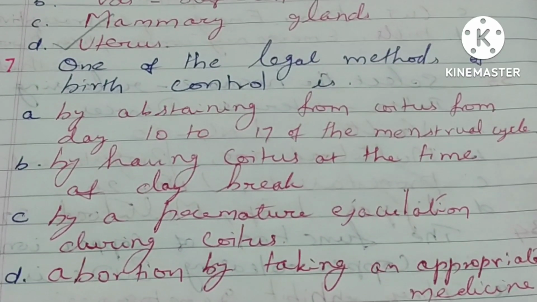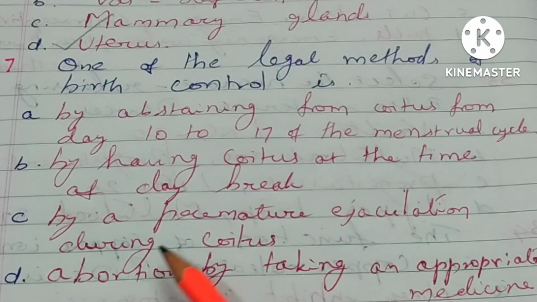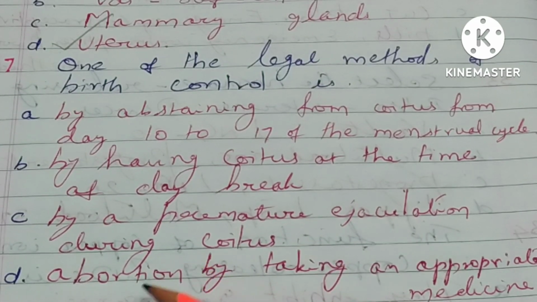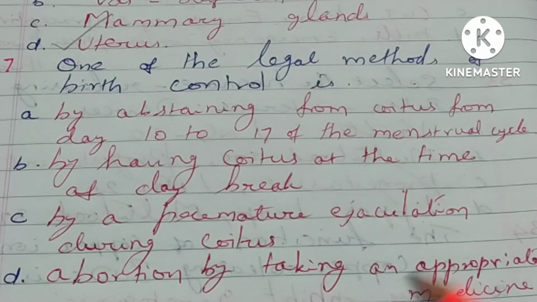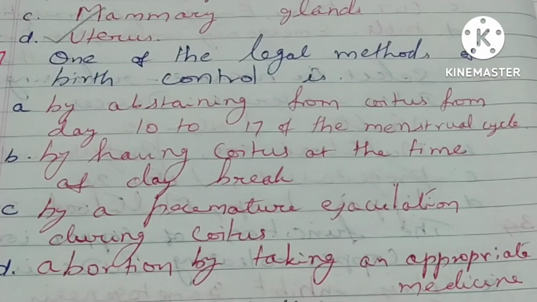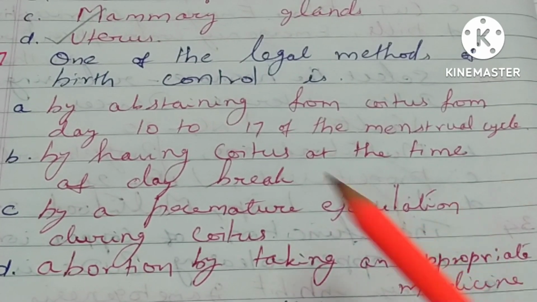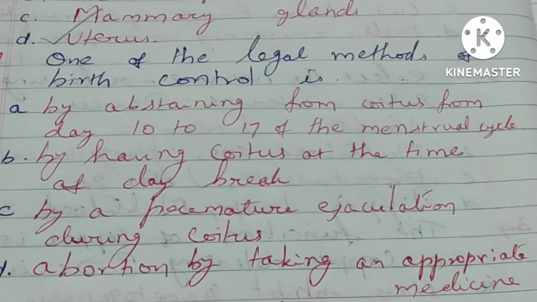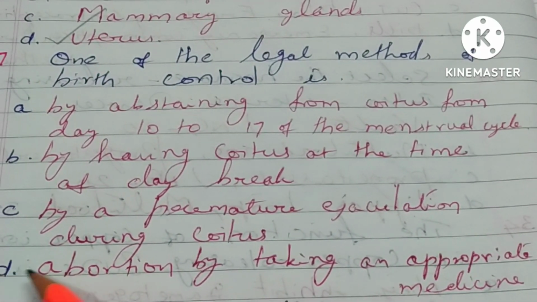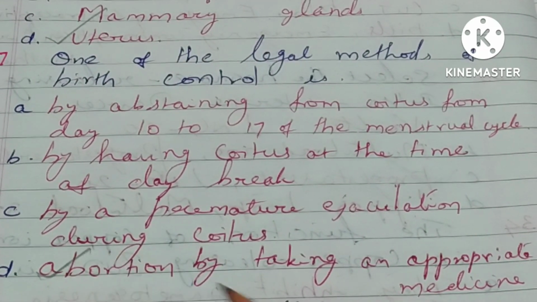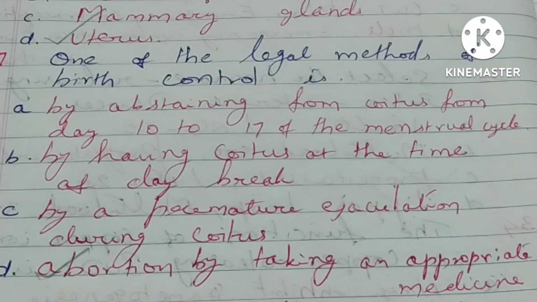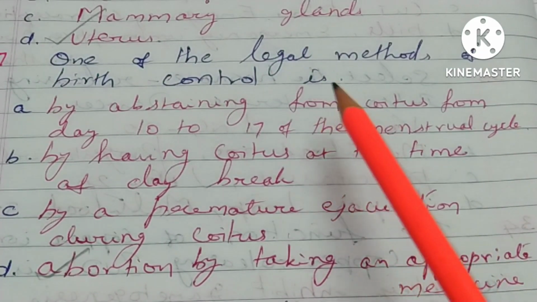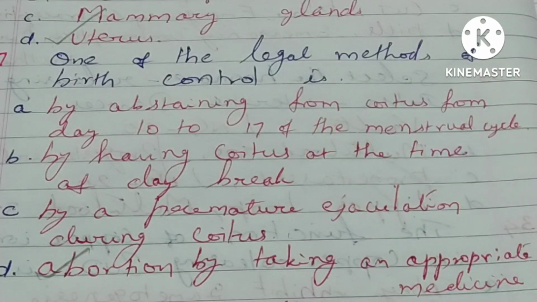Option C, by premature ejaculation during coitus. Option D, abortion by taking an appropriate medicine. One of the legal methods of birth control is option D, abortion by taking an appropriate medicine. It is the legal method of birth control.